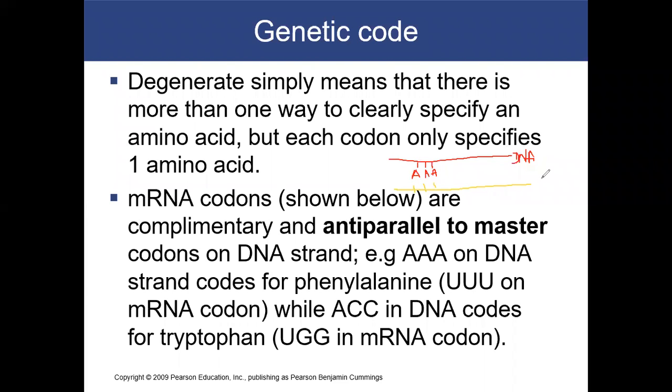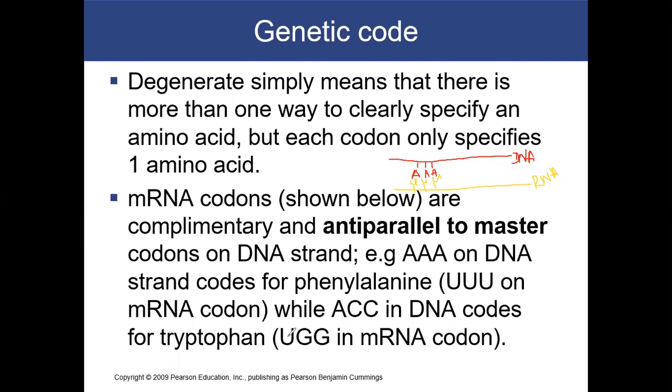And so on your RNA, we will have U, U, U, right? So AAA, which codes for phenylalanine, will be UUU on the messenger RNA, right?